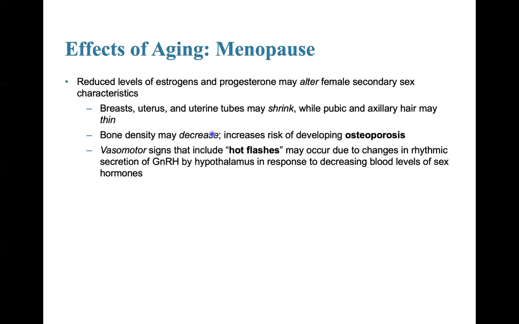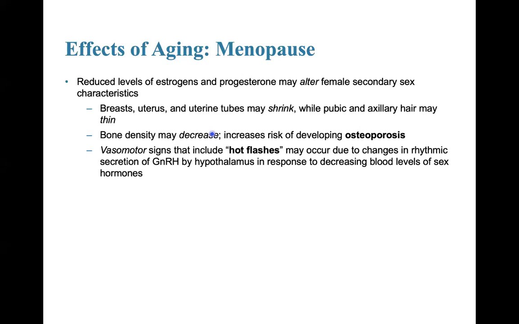The reduced levels of estrogen and progesterone may alter female secondary sex characteristics. The breasts, uterus, and uterine tubes may shrink, while pubic and axillary hair may thin. Bone density may decrease, increasing the risk of developing osteoporosis.